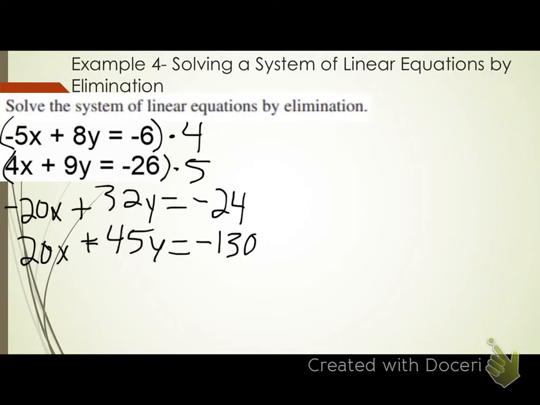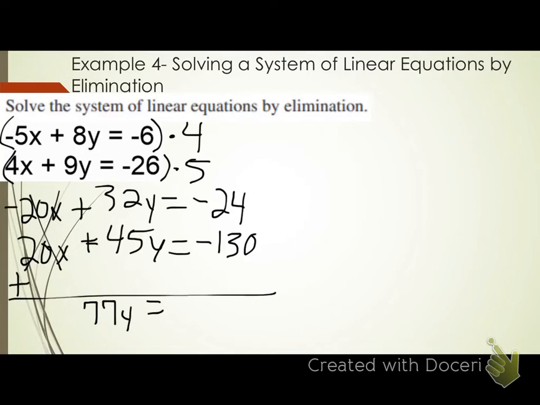Do I have same number opposite signs now? Yeah, now I can add my two equations. What happens with the x's? Eliminated. Negative 20x plus 20x is 0x. 32y plus 45y is 77y.